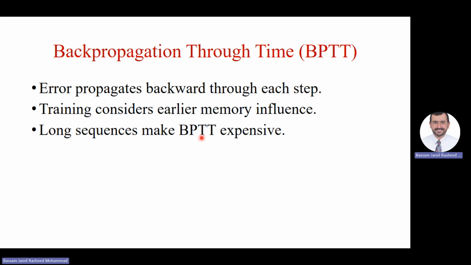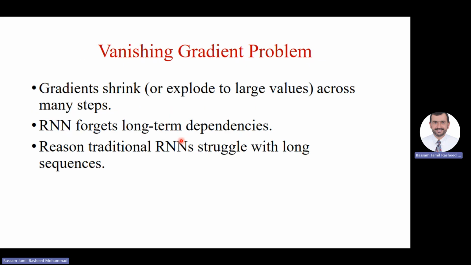The backpropagation error propagates back through each time step. Training considers earlier memory influence. Here's the key: long sequences make backpropagation through time expensive. Not only that, but we end up having problems because the gradient gets multiplied with factors. It has this multiplication inside it.